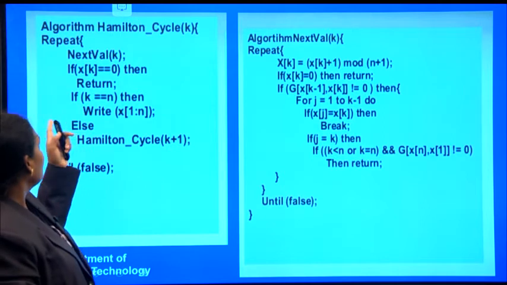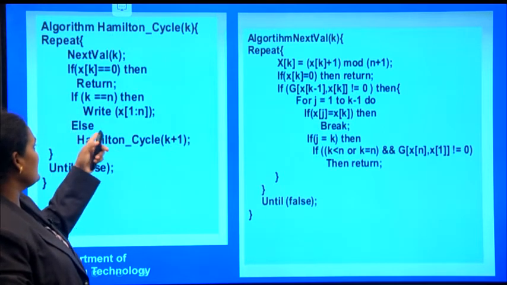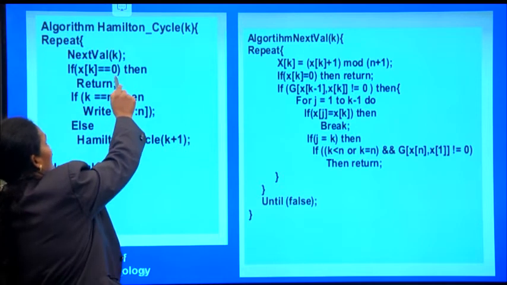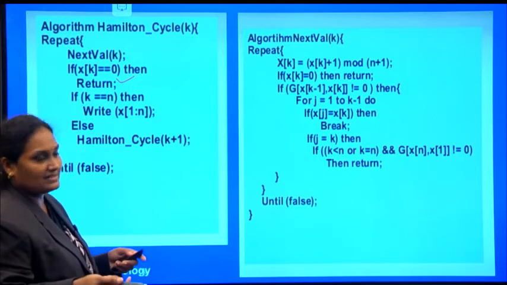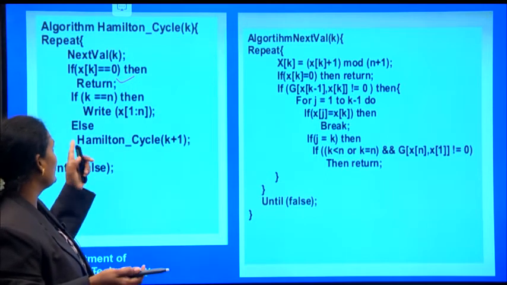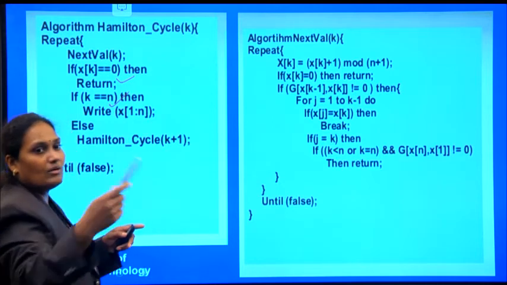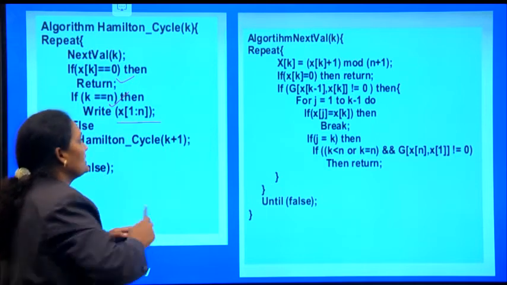Now, let us see. If x of k is equal to 0, then return. If k is equal to n, then write x1 to n. If x of k is equal to 0, it means we are not getting a solution in that path, so we return. If k is equal to n, that is we have reached all the n vertices, then we write the solution x1 to n.